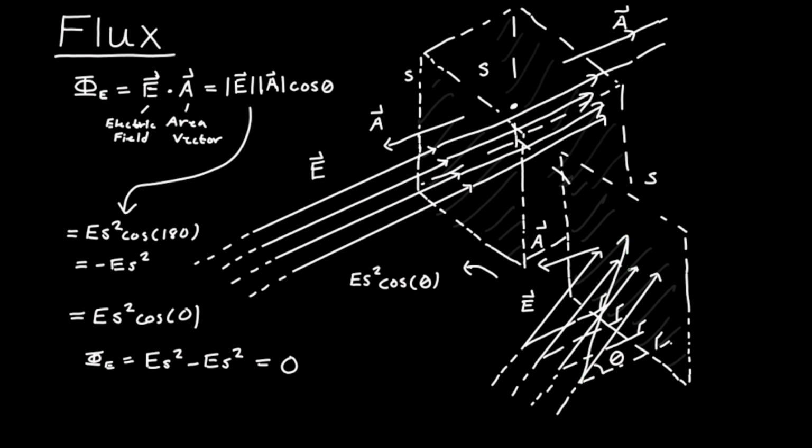So, what would happen if we increase the angle theta? As we increase theta and it approaches 90 degrees, cosine of theta approaches 0. So as we approach 90 degrees, the flux becomes 0. And as we decrease it, the flux increases non-linearly because cosine is a sinusoidal function.